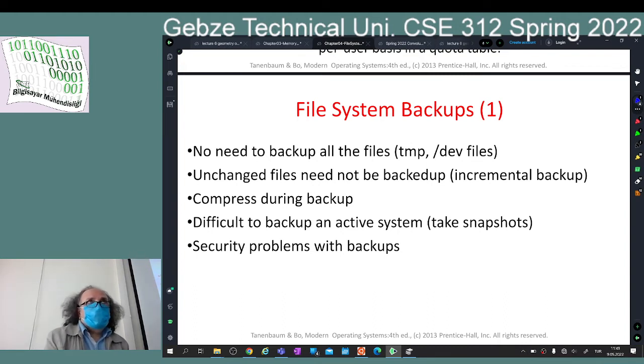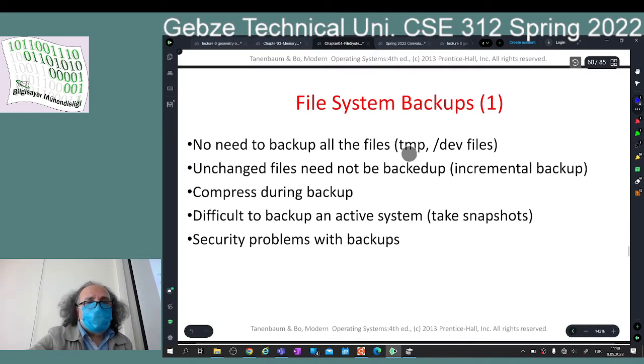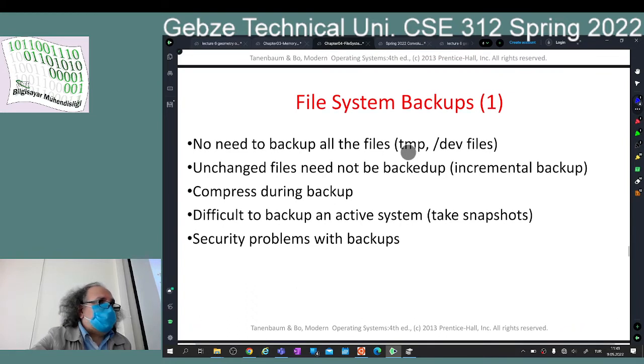Okay, and when you are doing the backups, of course, when I say make a copy of your whole drive, some people say, why do we have to take the backup of your temporary files? Because as the name implies, those are temporary files. I just open it temporarily to keep some temporary data, and whenever I am done, it just sits there. I didn't delete it.